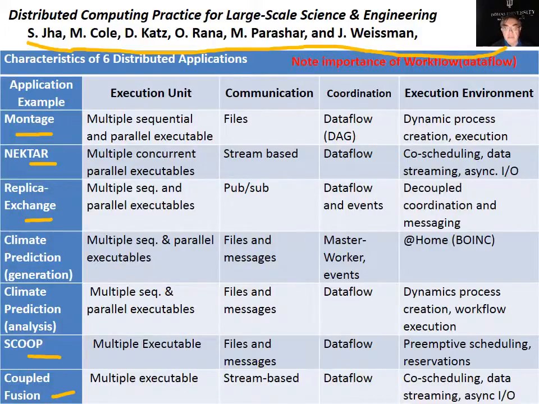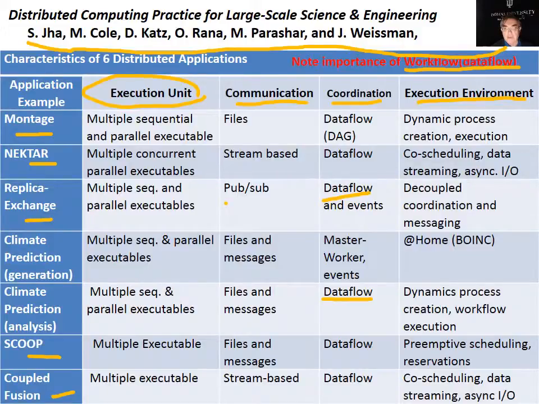Important large-scale simulations, and they've divided the problems up according to these characteristics here: execution, architecture, how the communication mechanism, the coordination mechanism, and the overall environment. And if you look at characteristics, you will see that there's important use of data flow, which is roughly the same in our context as workflow, which is needed to link different jobs together.